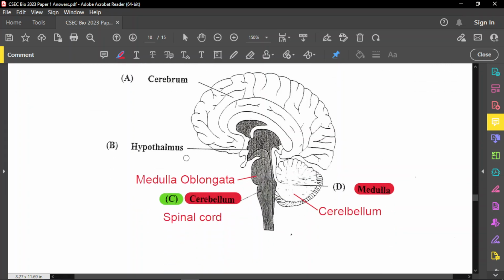We have the hypothalamus, and here is not the cerebellum. Here is actually the medulla oblongata, and this structure D is the cerebellum, not the medulla. So that was a mistake, a typo. I don't know. Maybe they were shifting around the labels and realized. But they make a giveaway right here, because this part, which is the spinal cord, is not part of the brain either, and I want to mention that.